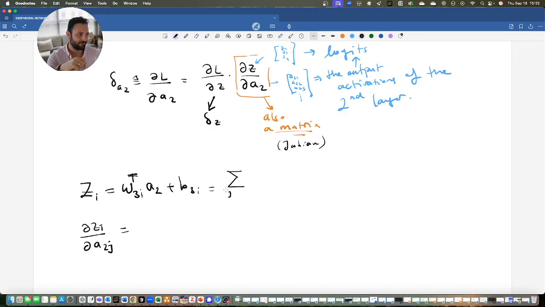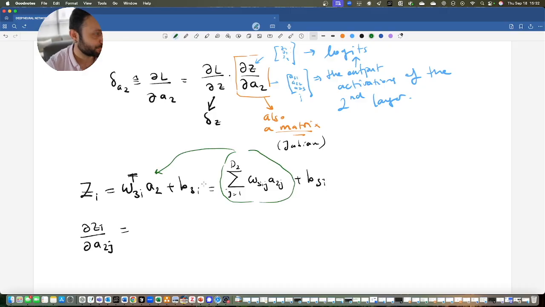So I have j equals 1 to, I don't know how many dimensions. I'm going to call it d2, the dimensionality of the second layer. I have to calculate w3 ij a2j plus b3i. If you notice, this long thing was a description of this inner product here.